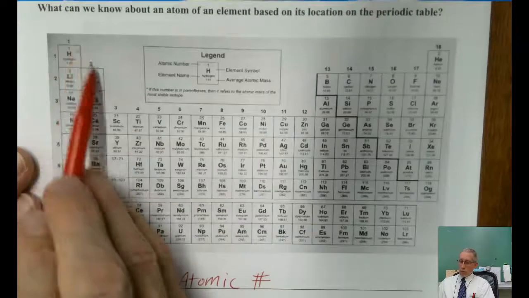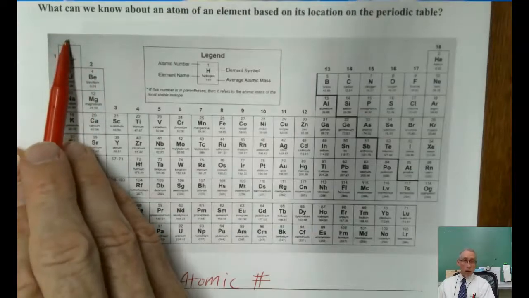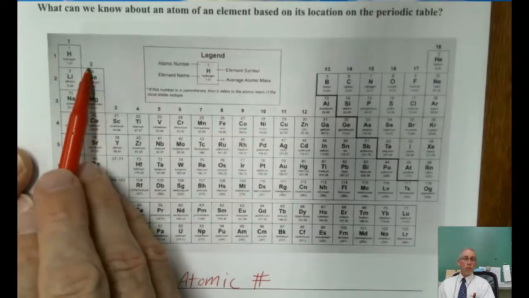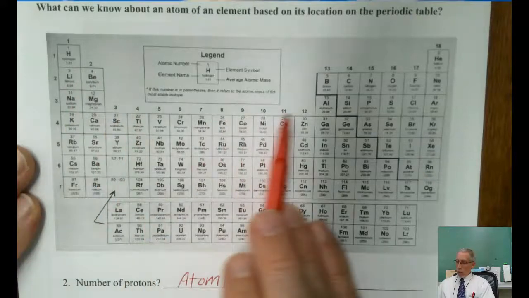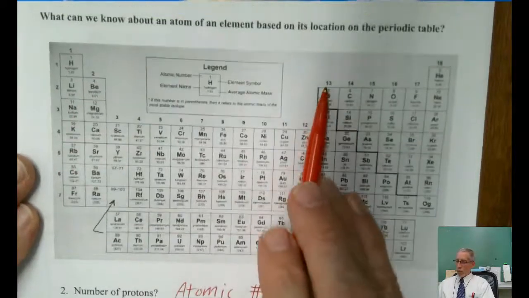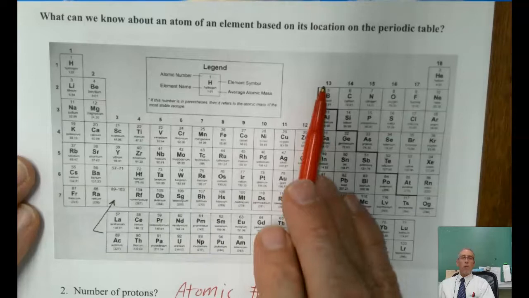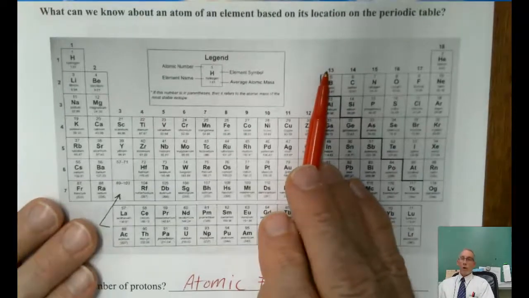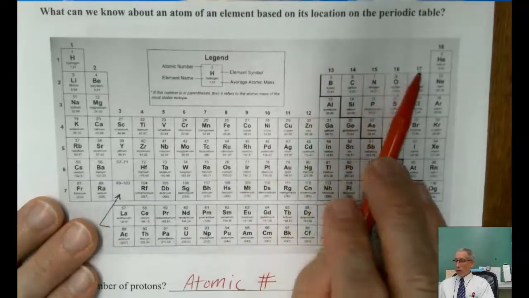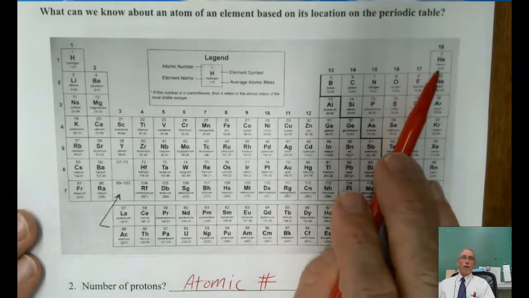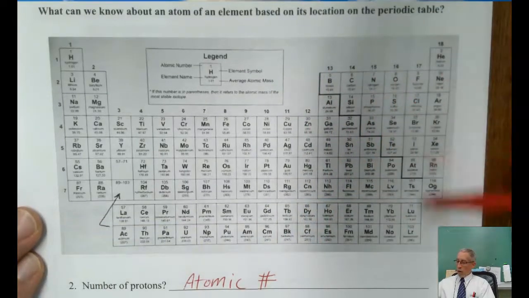If you are in groups 1 and 2, you will have 1 outer electron or you'll have 2. Then we skip all of these up through group 12 and we start again at 13. Everything in group 13 has 3 outer electrons. And as we go over from there, we finally get to the biggest number, which is 8 outer electrons for all of the elements in group 18.